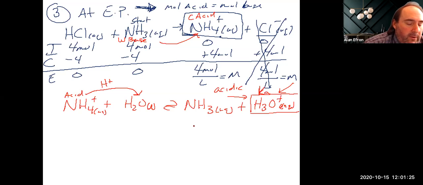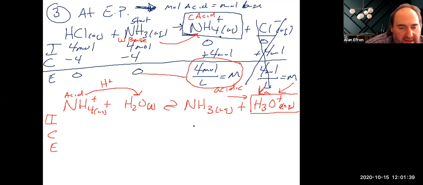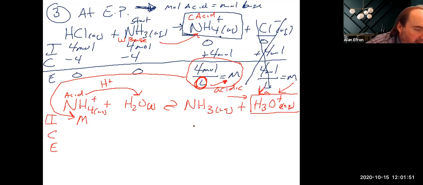So what we're going to do here is an initial ICE table. We are going to use our value from the equilibrium line as our initial value here for molarity. Also, this is why it's important at this point, after the first table, to convert these guys back into molarity.